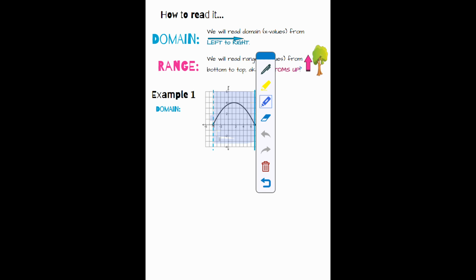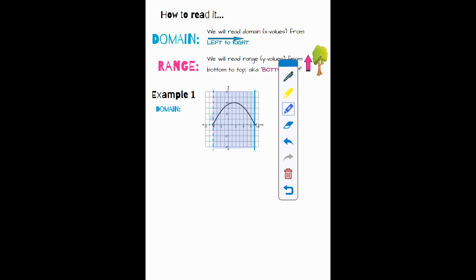I'm including every single functioning number. All of these numbers between -4 and, let me see, that's going by 2s, so that must be 7. Okay, so remember, -4 is an open circle, so I'm not including it. But 7, that's a solid dot. I am including that.